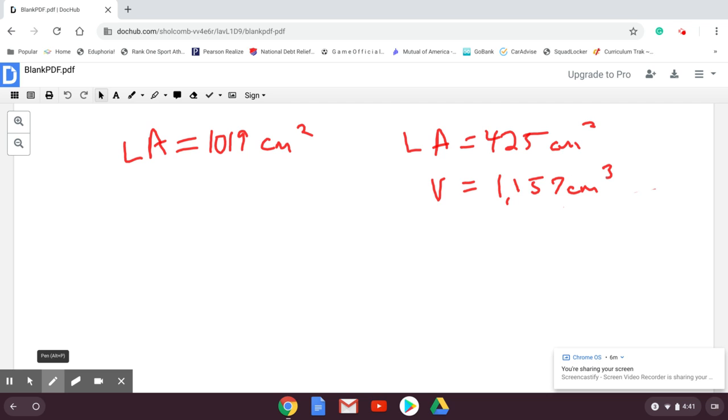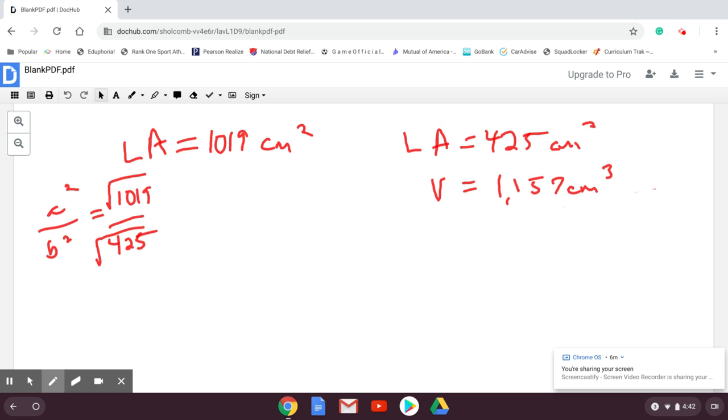So lateral area is something squared. What I have is lateral area over lateral area. I have a squared over b squared equals 1019 over 425. But if I'm going to turn that into my original a over b, I've got to take the square roots of both.